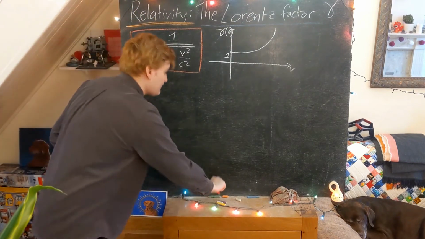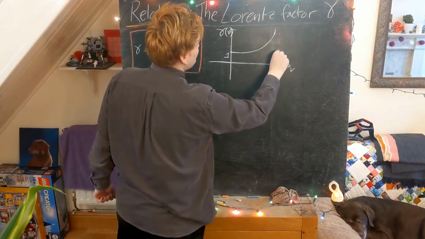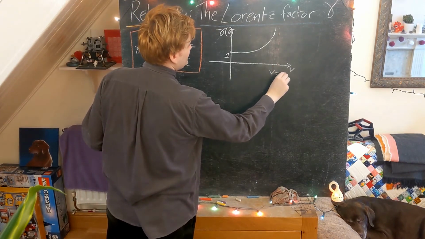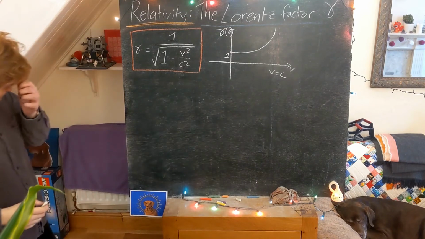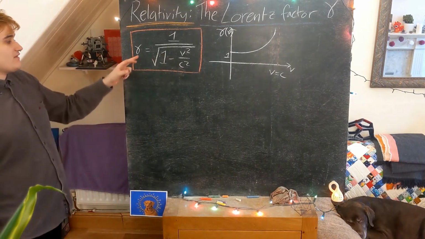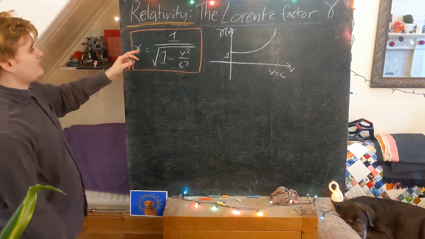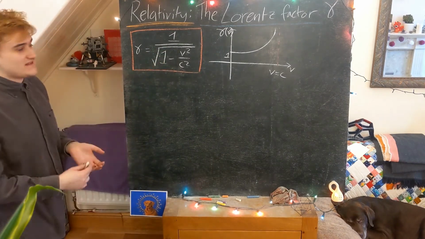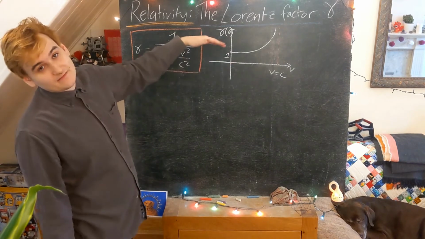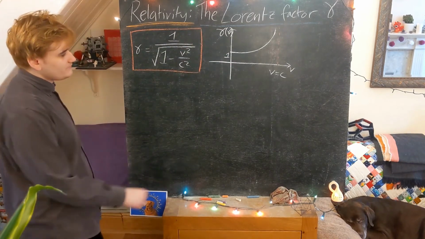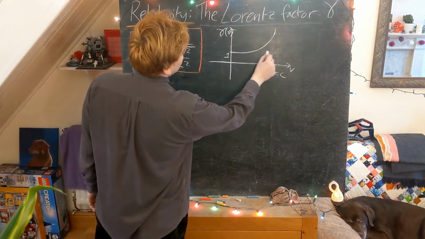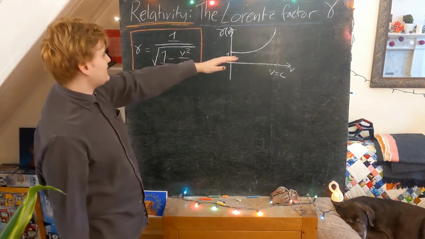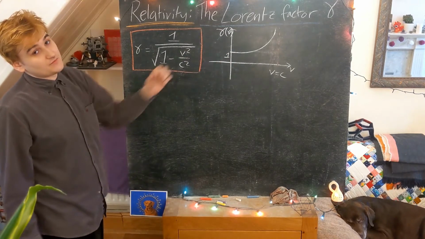And it's going to have a vertical asymptote at a value of v equals c. So as v approaches c, this gamma becomes infinite, and as this v becomes much smaller than c, this gamma just simply stays at around 1. So it's not until we approach v equals c that we start significantly deviating from this gamma equals 1.